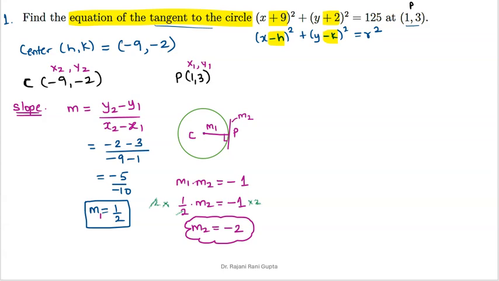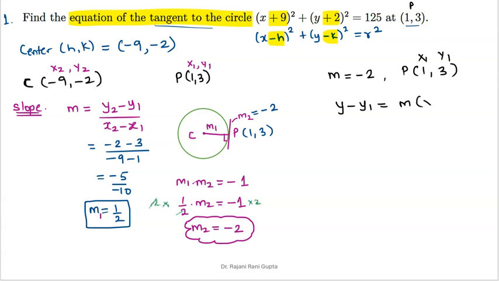We have a line passing through the point (1, 3) with slope equal to -2. So what is the equation of such a line with slope -2 passing through the point (1, 3)? If we name the point x1, y1, the equation of the line is y minus y1 equals m times (x minus x1).